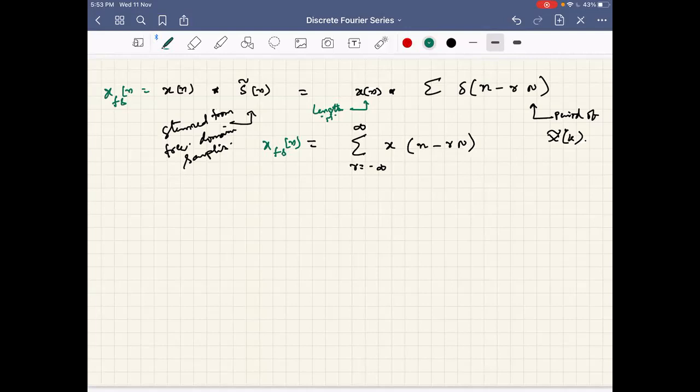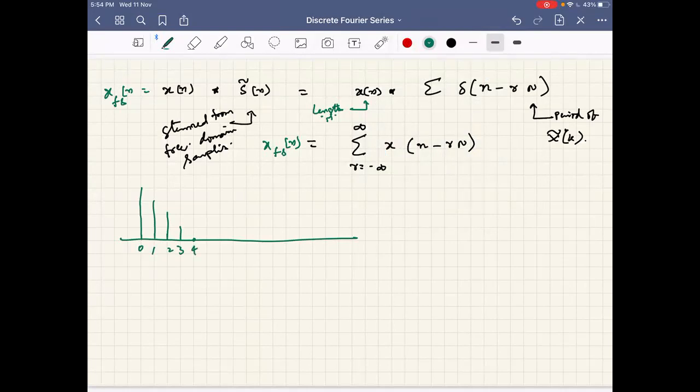So what is this operation doing? To understand this, let us take an example. Let x of n be like this: the sequence x of n with samples 0, 1, 2, 3, and the fourth sample being 0.